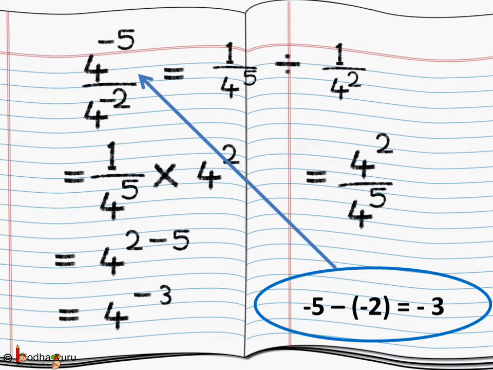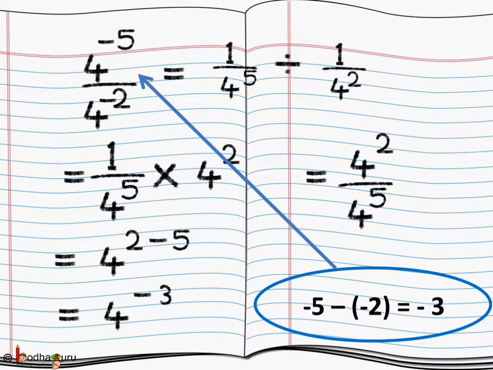If we look at the answer, minus 3, what do we see? Just look at the powers here, minus 5 and minus 2. And if we subtract minus 2 from minus 5, what do we get? Minus 5 minus minus 2 becomes equal to minus 5 plus 2, and this is equal to minus 3.